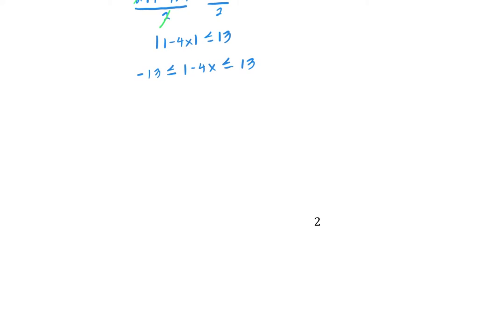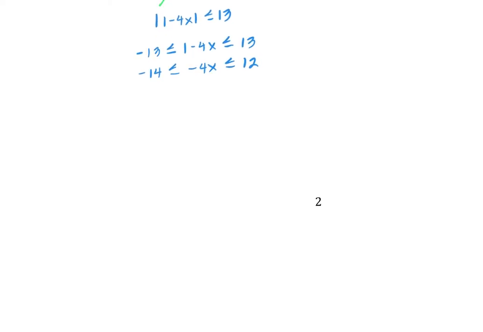Now in this case, I would subtract 1 from all parts to get -14 less than or equal to -4x less than or equal to 12. So all I'm trying to do is isolate the x in between the two inequalities, and I'm going to show the division for this one because I'm dividing by a negative number.